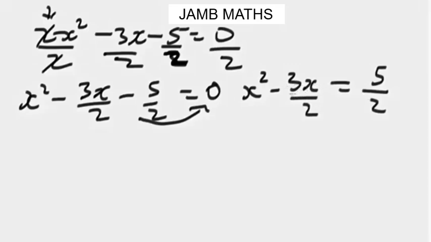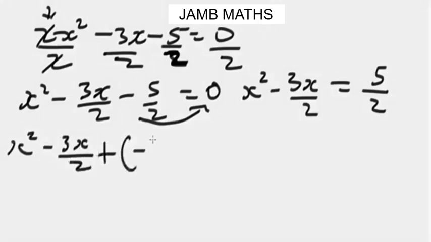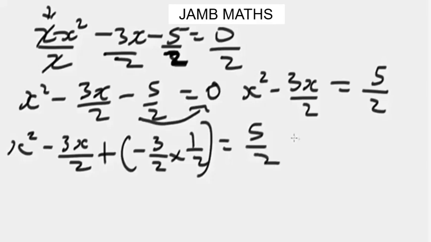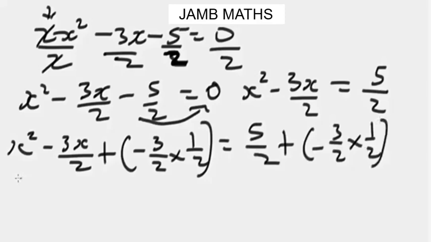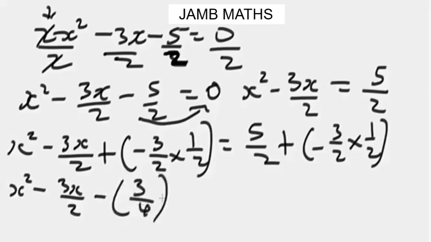My coefficient is -3/2. So we have x² - 3x/2 + (-3/2 × 1/2)², and I do the same on the right side of the equation: 5/2 + (-3/2 × 1/2)². Breaking this down, minus times minus 2 gives us 4 in the denominator, equals 5/2 plus (-3/4)².